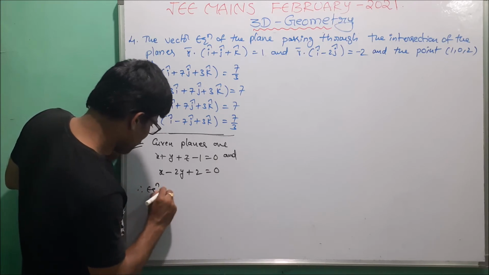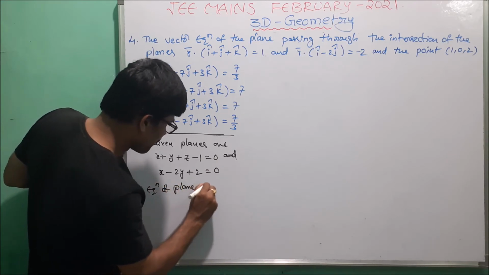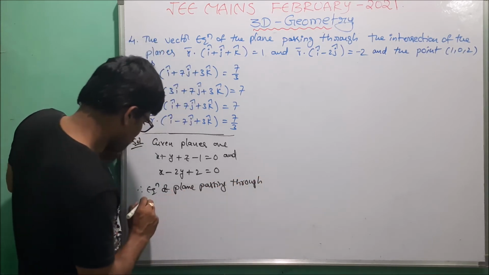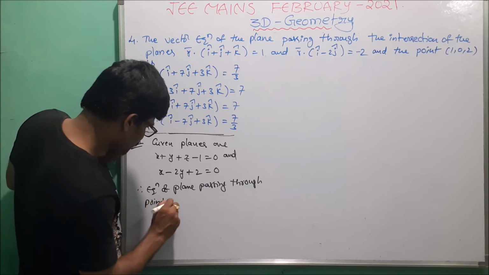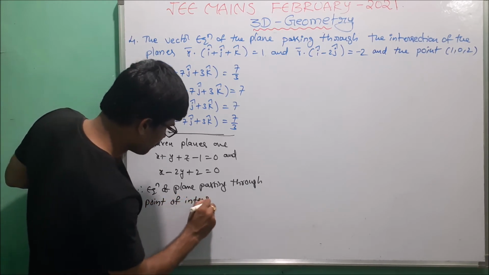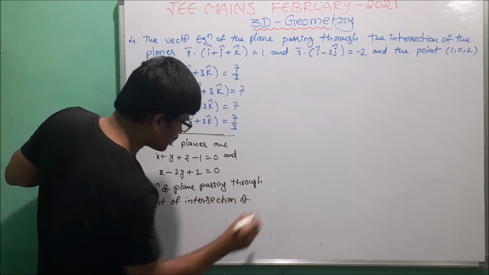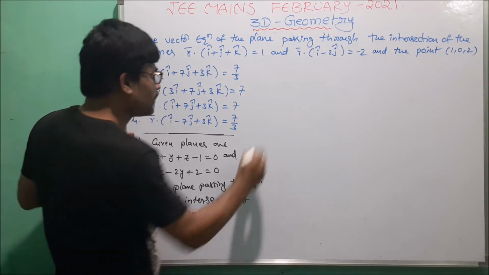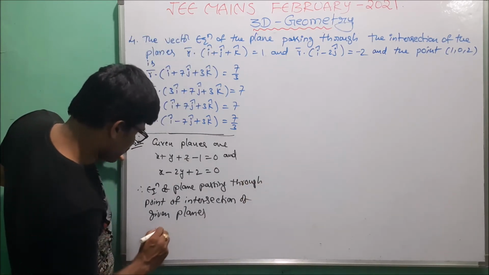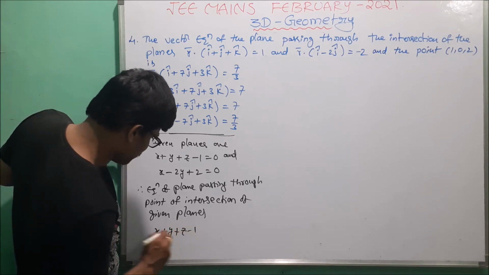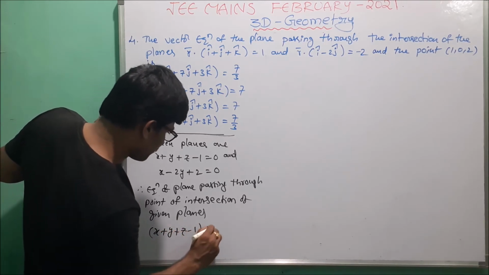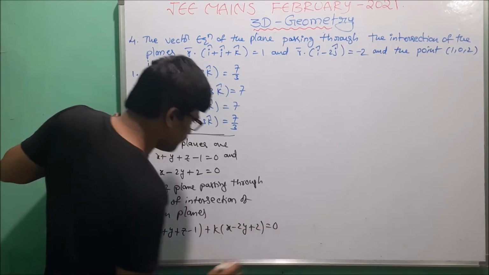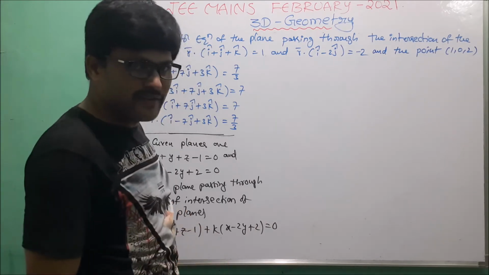Therefore the equation of the plane passing through the point of intersection of the given planes is x plus y plus z minus 1 plus some constant k into (x minus 2y plus 2) equal to 0. So this is the required equation of the plane.